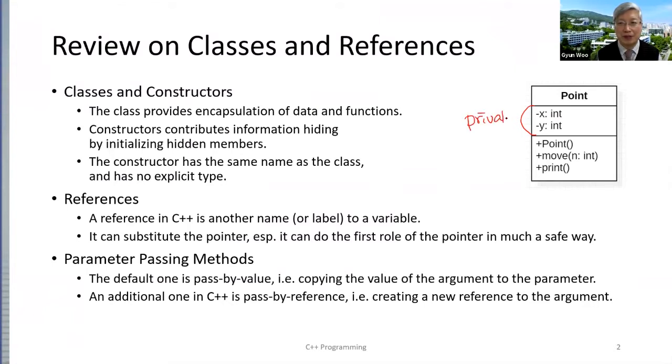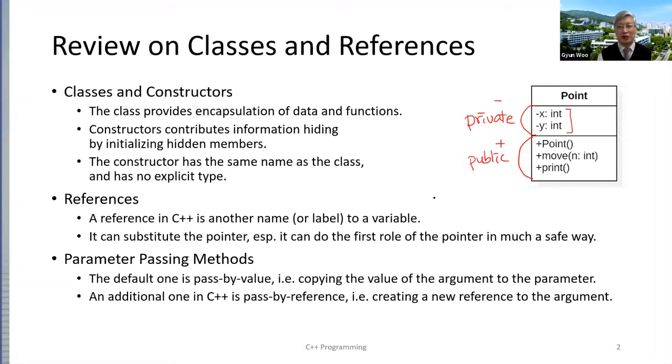Private members are indicated by the minus sign at the head, and the public members, mostly public member functions, are indicated by a plus before the member name. And for the constructors, it is important to initialize the private members once you construct point instances.